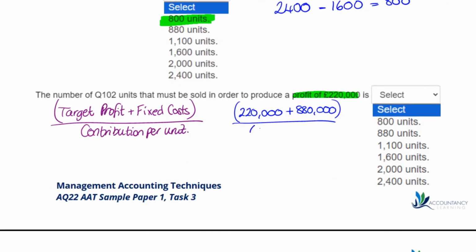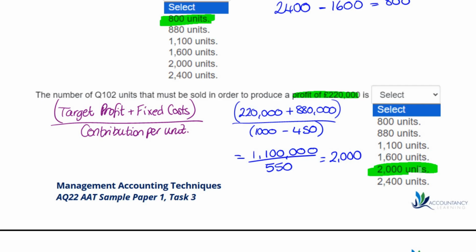I'm going to divide, and we're going to do 1,000 minus 450. So we end up with our calculation being 1,100,000 divided by 550, which is 2,000 units. So in order to get a profit of 220,000, we need to sell 2,000 units.